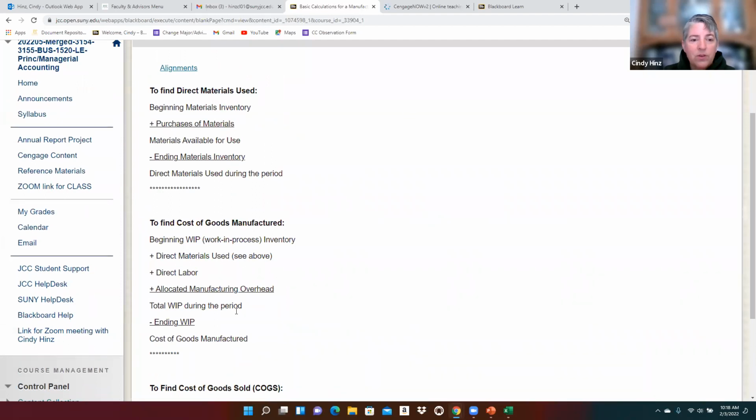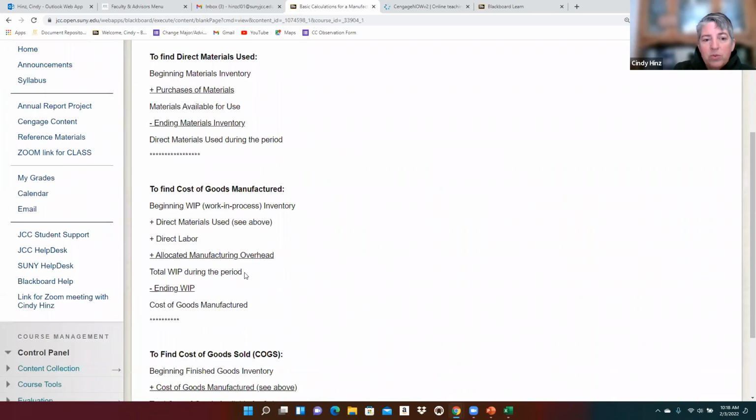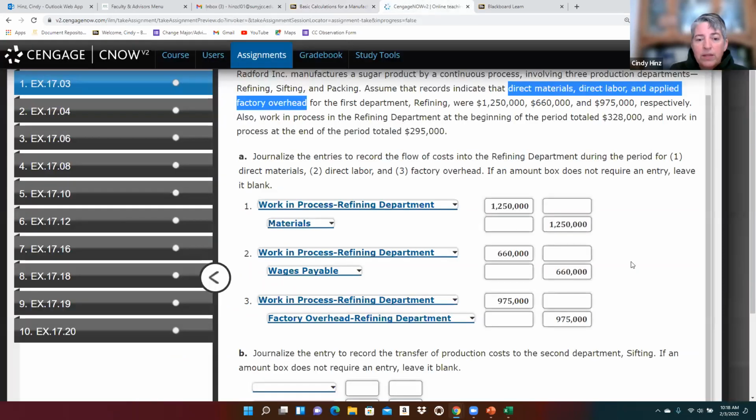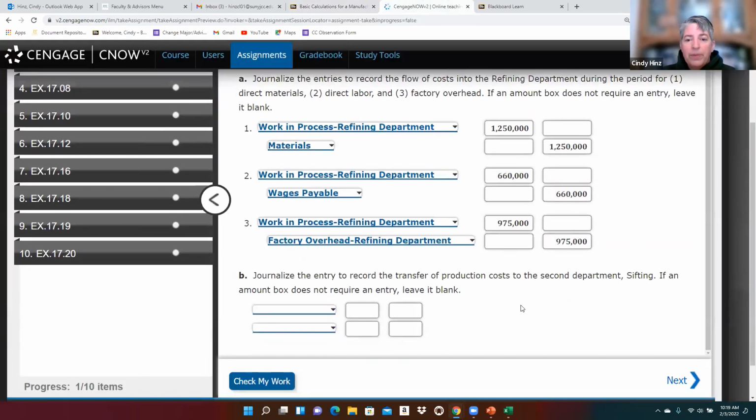We're looking at the work in process inventory account, specifically the work in process for the refining department, but the calculation is going to be the same. So it's exactly what's given here. Beginning work in process plus the three costs that are added minus the ending will give us our cost of goods manufactured. So that's what we're being asked to do in part B: journalize the entry to record the transfer of production cost to the second department.